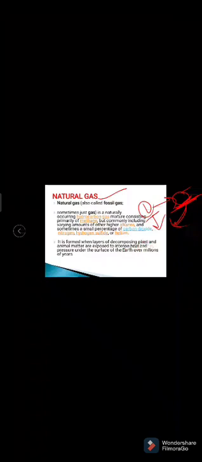These are the two types of gases available: one is dry gas and the other is wet gas.